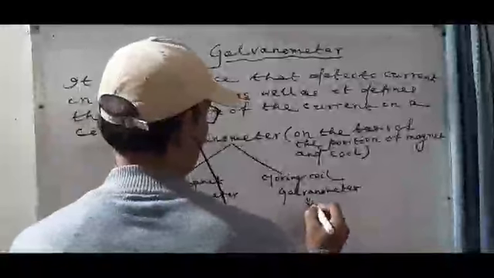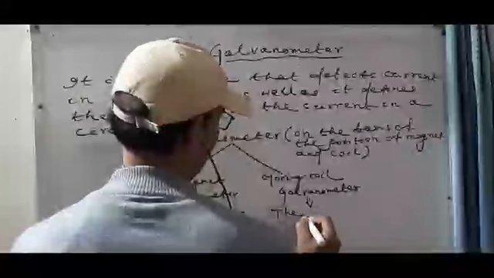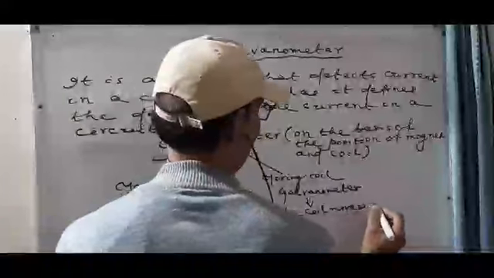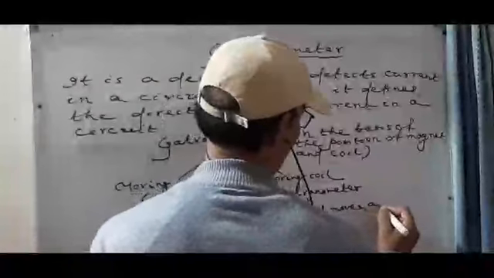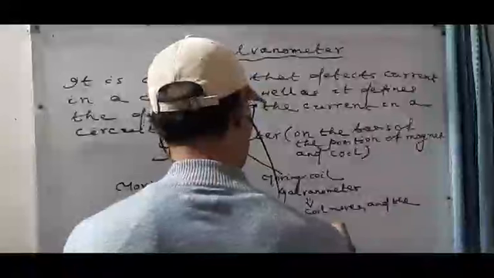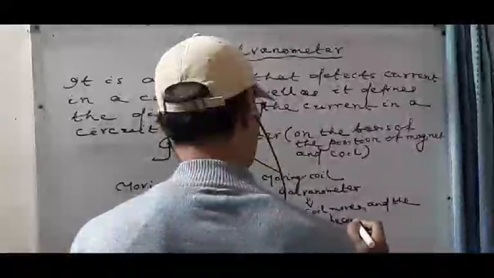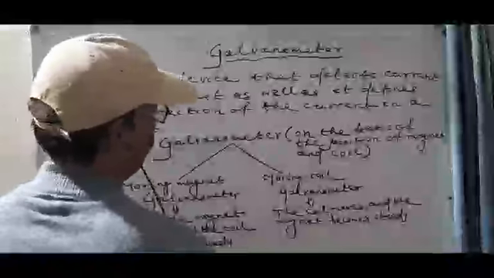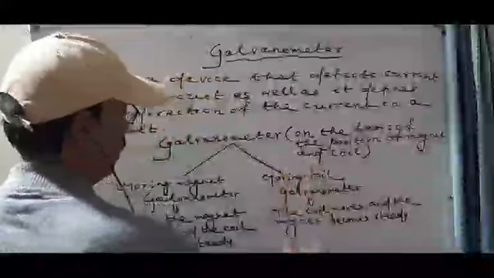And in this case, the coil moves and the magnet becomes steady. So further we will discuss moving coil galvanometer. So all of you note it down.